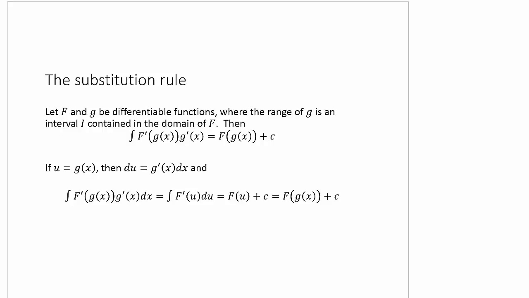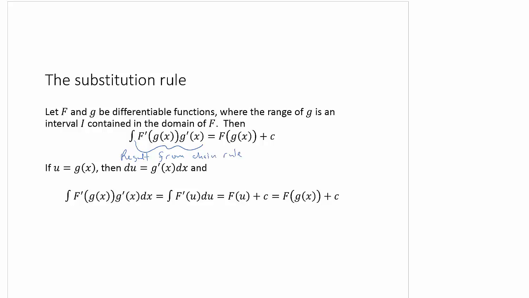So this is just a formal statement of what the substitution rule is. And what it's saying is, if we have these two functions that are differentiable, and the integrand of our integral looks like the result from the chain rule, then its antiderivative is this f of g of x, where the g of x was the inside function from the chain rule.